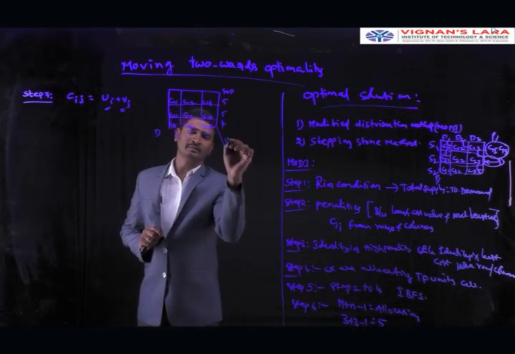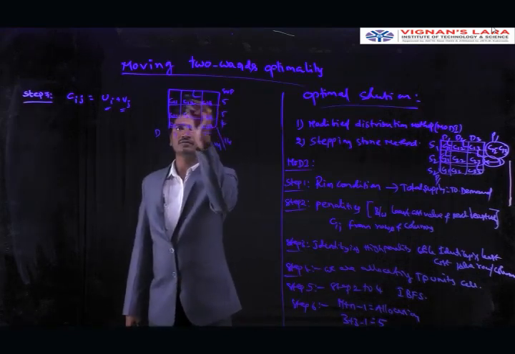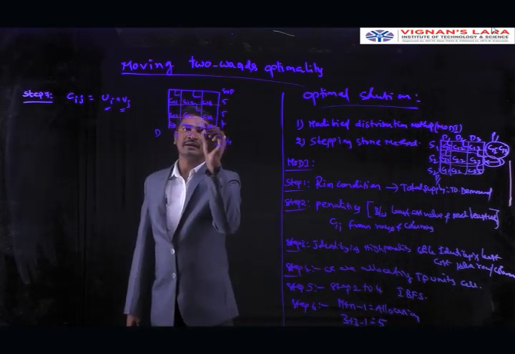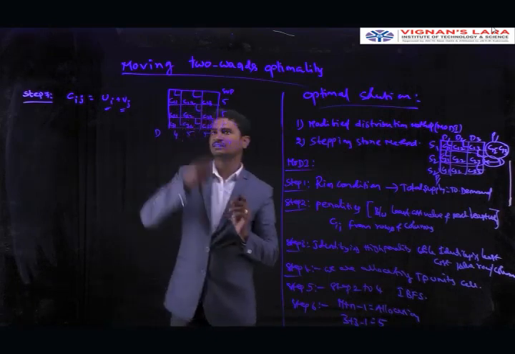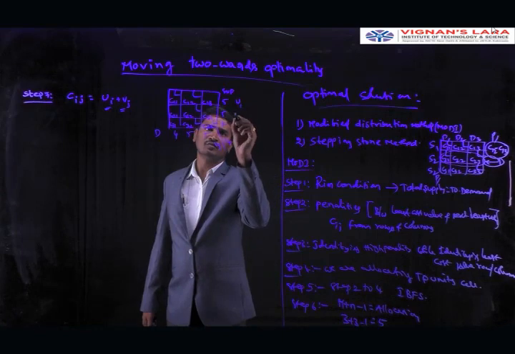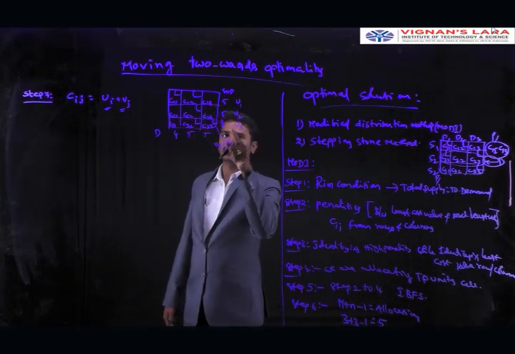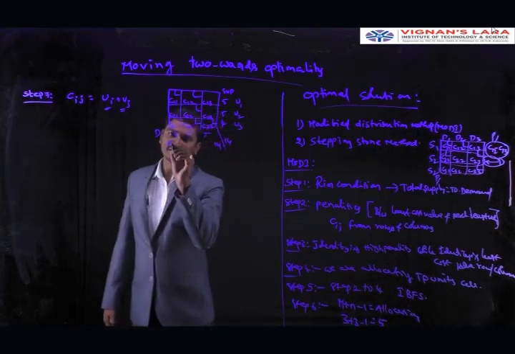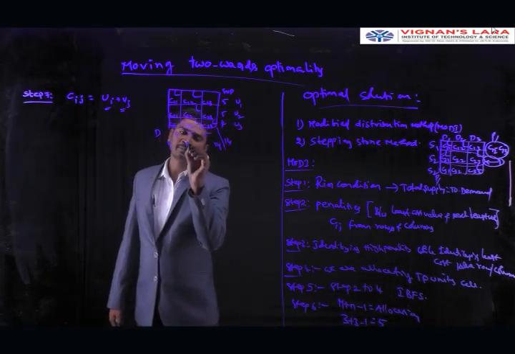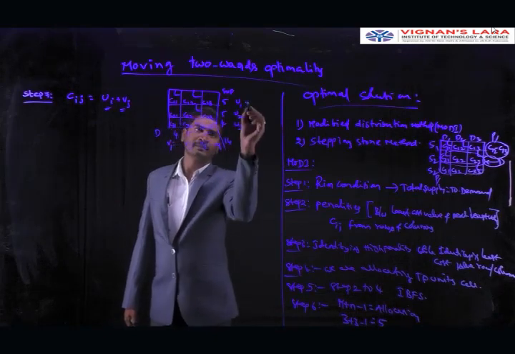Suppose we have 5 allocations here. We assume the rows are U1, U2, U3: the first row is U1, the second row U2, the third row U3. Similarly for the columns, V1, V2, V3.